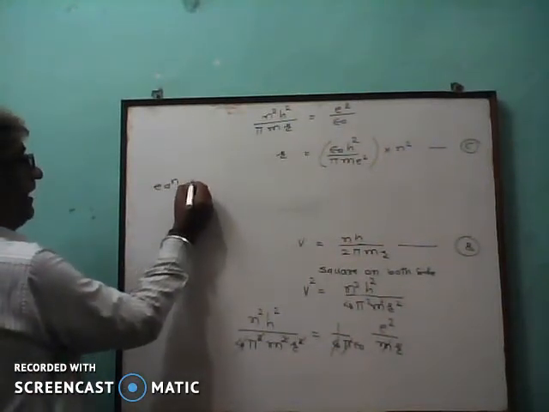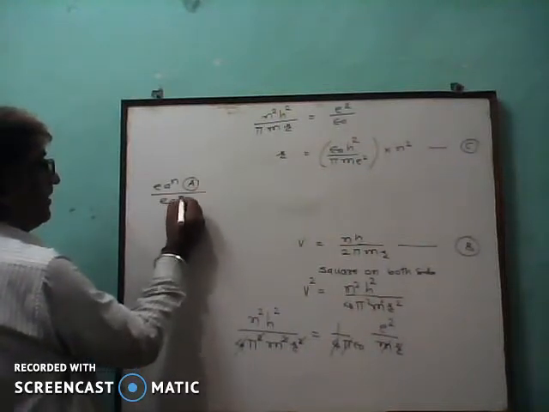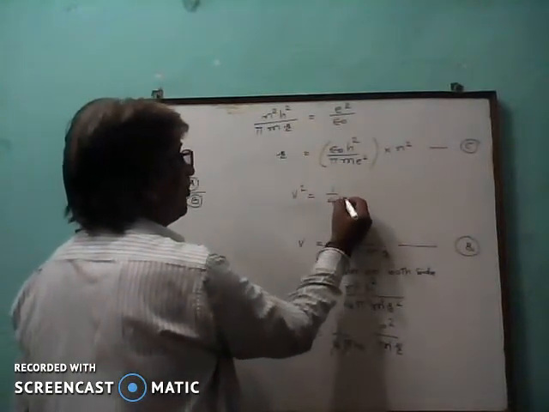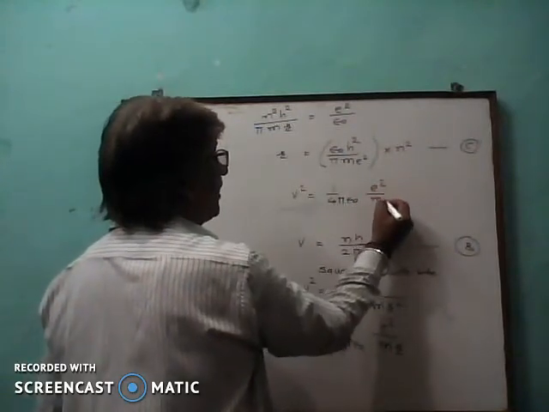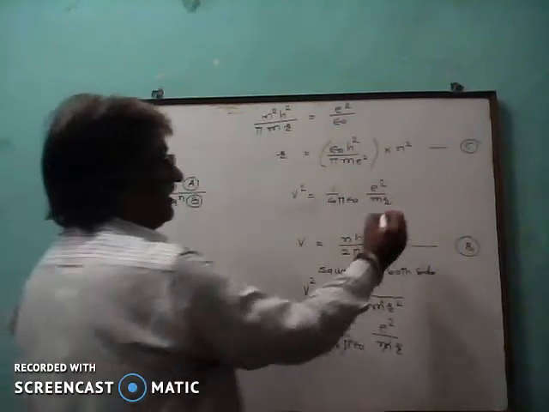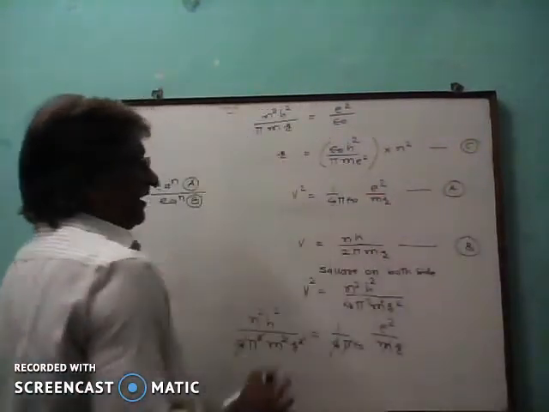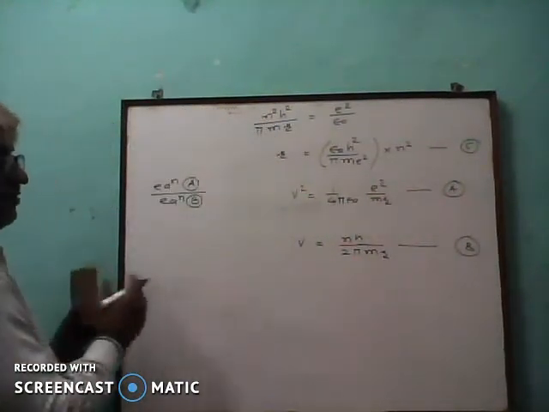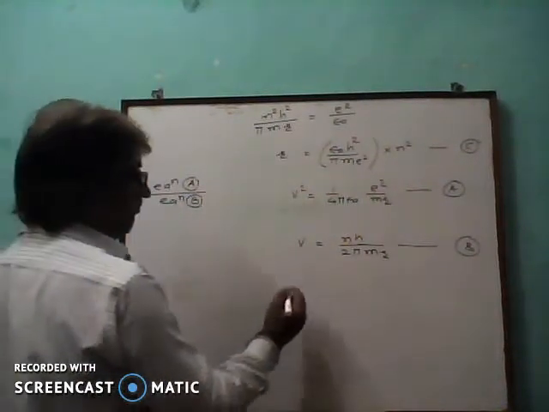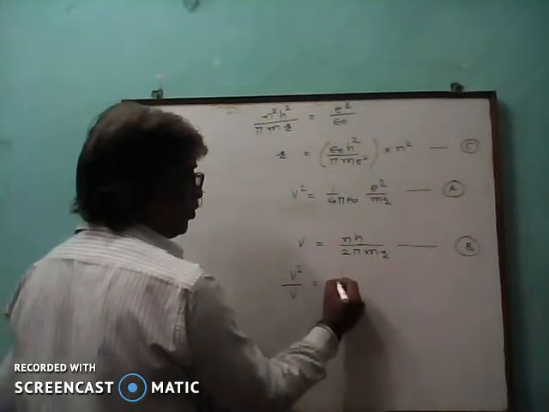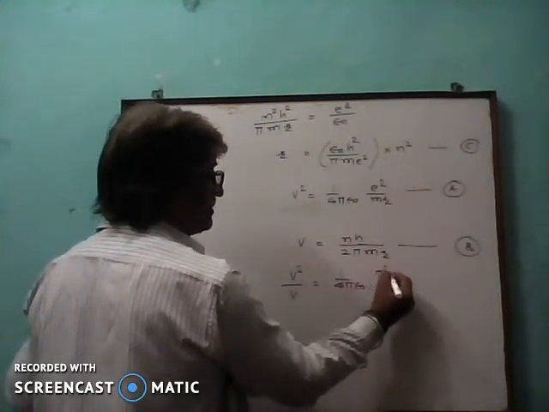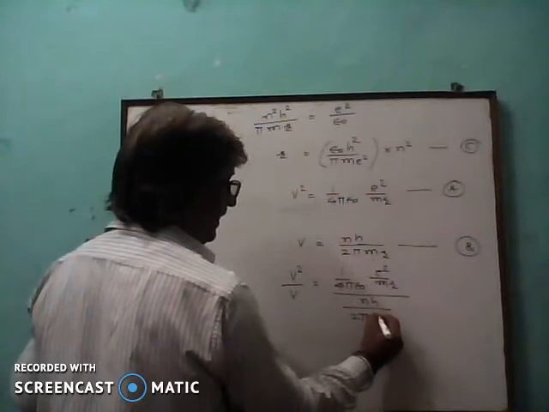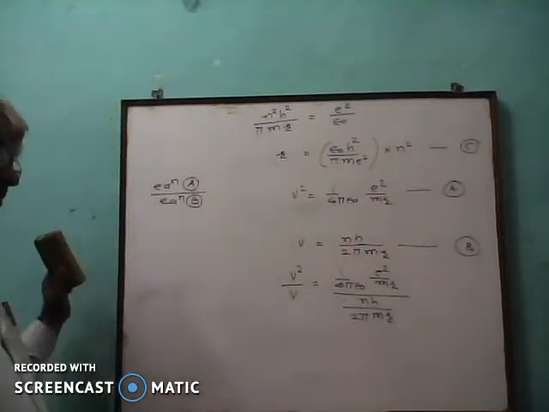Equation A divided by equation B. Equation A is v square equals 1 upon 4 pi epsilon 0 e square upon mr, and this is equation B. If equation A is divided by equation B, what happens? v square upon v is equal to 1 upon 4 pi epsilon 0 e square upon mr upon nh upon 2 pi mr. What happens?